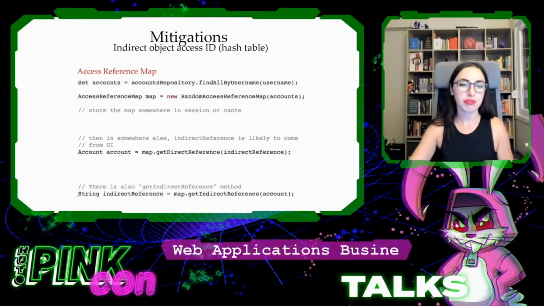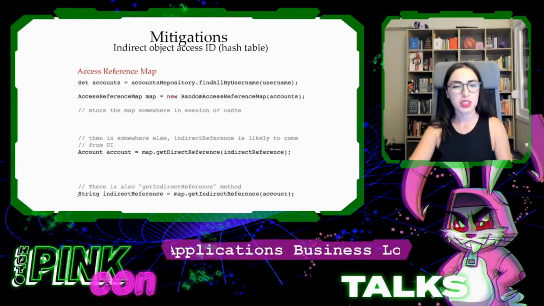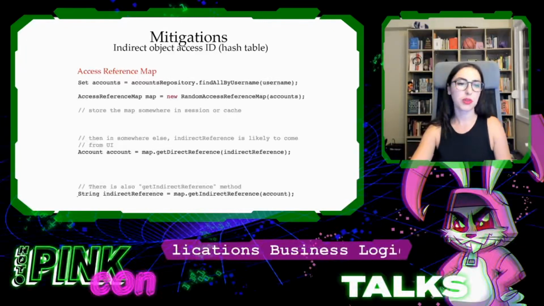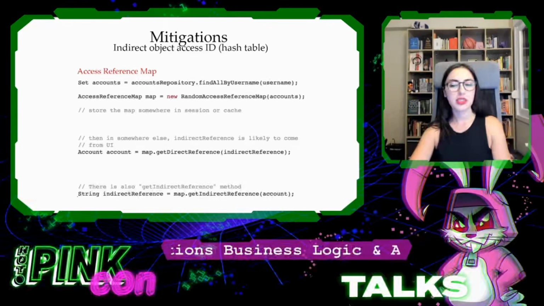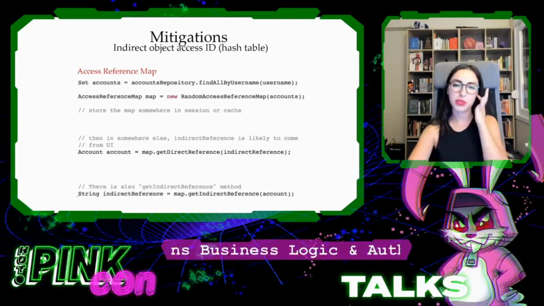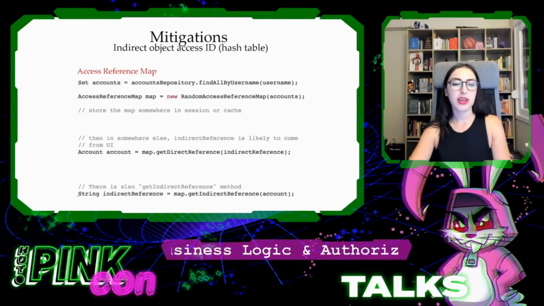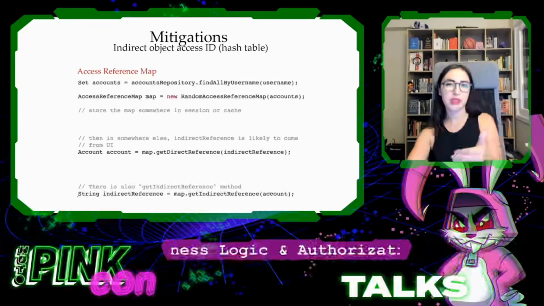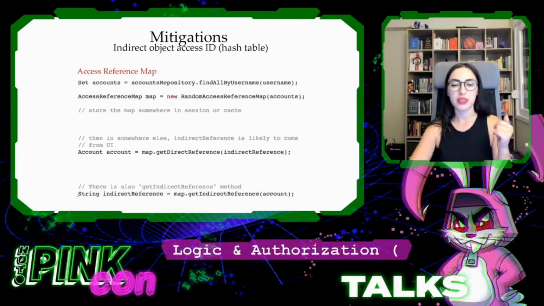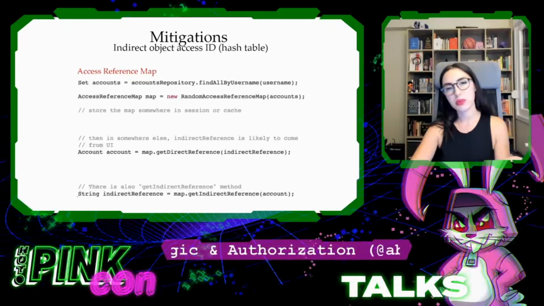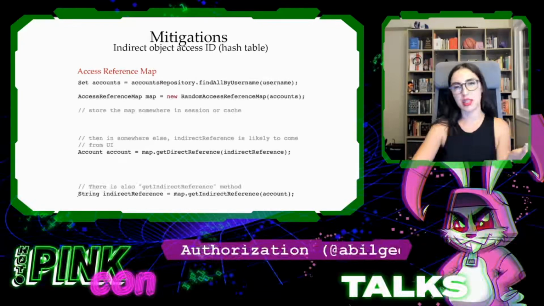There's a built-in function for that, or you can create it, of course, as you can see here. The first one is random access reference map, which creates the hash value, and the other one is get direct reference. When you give the hash value, you get the real value, and the last one is get indirect reference, where you give the real ID and get the hash ID.